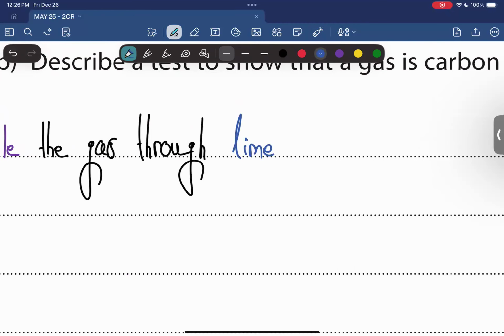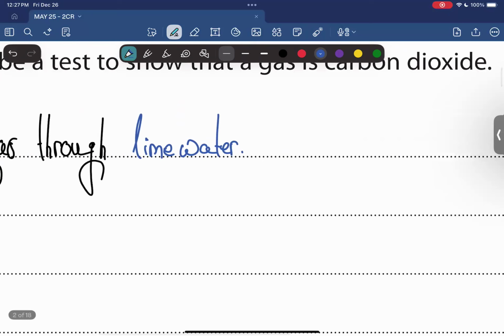In the presence of carbon dioxide, the lime water turns milky.